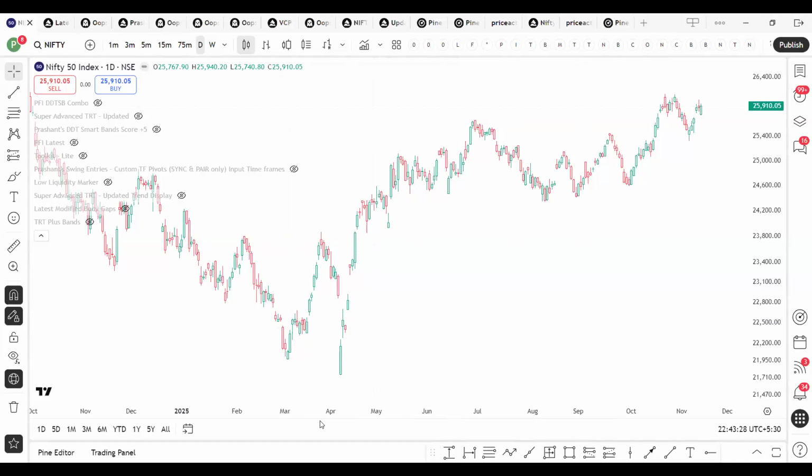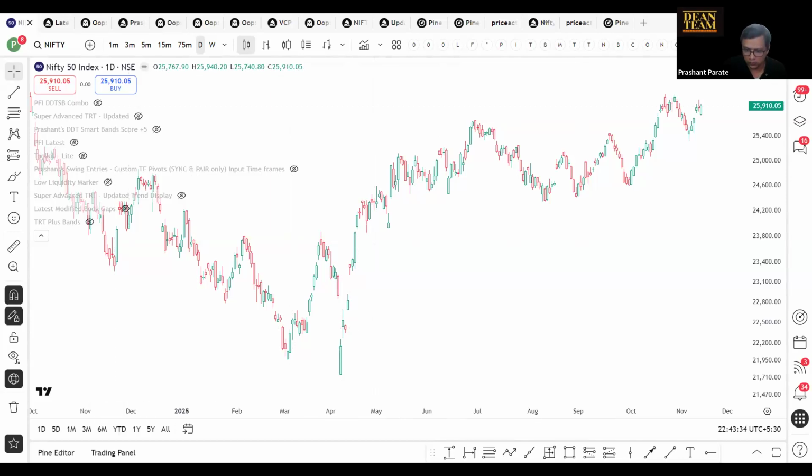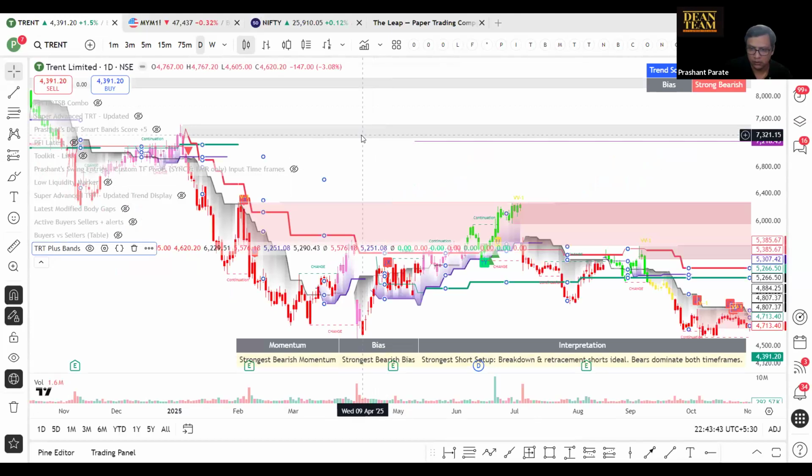Let me add multiple buying areas. I think my chart is not visible. Just a minute. Trent.